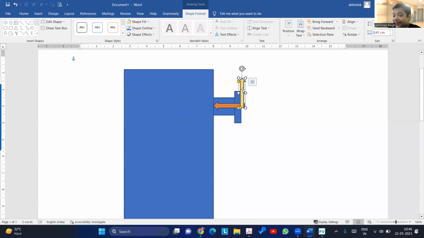Now, if I'm shifting that load to here, is that moment there now? Now that moment is gone. If I've just shifted that force to here, that moment is not there about this point, which was earlier there.